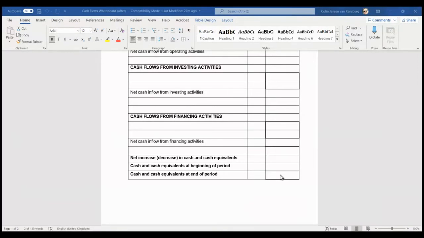So, ladies and gentlemen, I'm sometimes like a child. I like things that rhyme. So, if you want to make a note, your financing activities deal with own capital and loan capital, right? Own capital and loan capital.